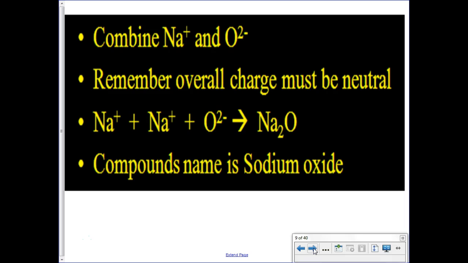So just like the charges, if the charge is +1, you don't write the 1. If there's only 1 atom in the compound, you don't write a subscript. So if there's no subscript, you know there's only 1 of that atom. And we would call this sodium oxide. So you keep the stem name for oxygen, and then you change the ending to IDE. It's not oxygen and I, it's just oxide.